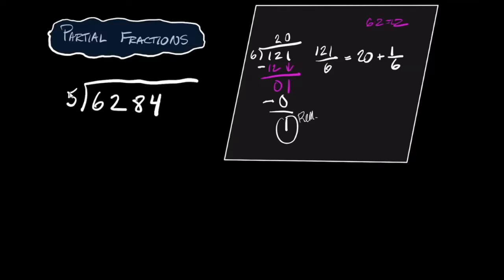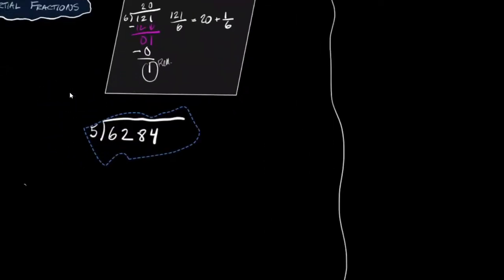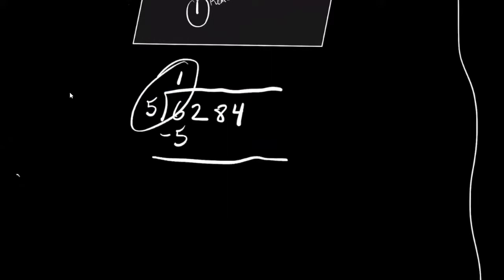How many times does 5 go into 6? It goes in once. So we take 5 times 1 and subtract that. We subtract 6 minus 5, and we end up with a 1. Now we bring down just the next number, which is 2.